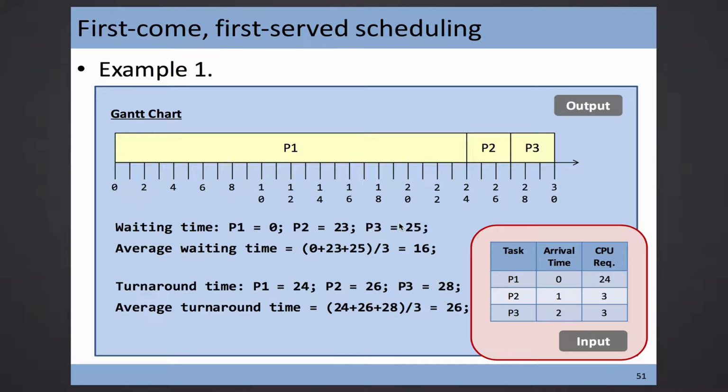Or at KFC, that guy before you buys buckets. Then you will be very unhappy. Why? Let's take a look at these two numbers. First, the time that you have to stay in the shop is longer. You have arrival time 1, and then you have to wait until P1 finishes, and then you can leave. At the same time, you are waiting for service without doing anything useful. So the waiting time is also very big.